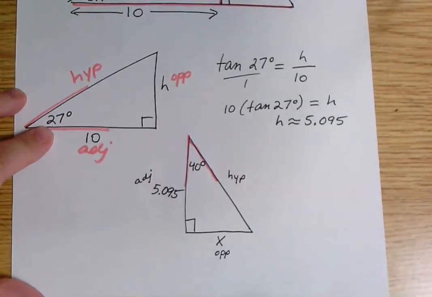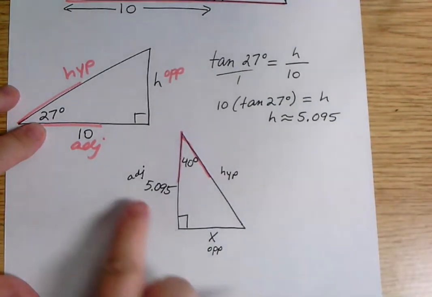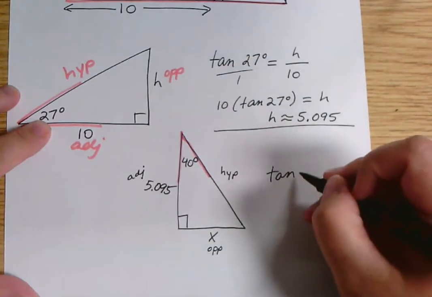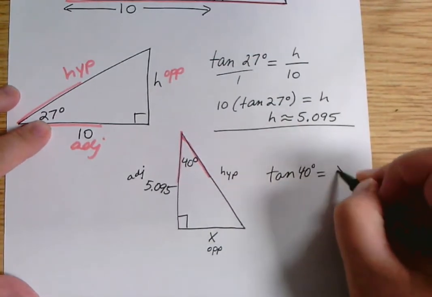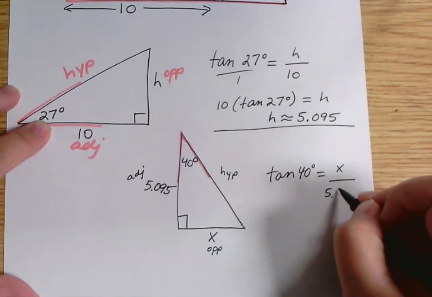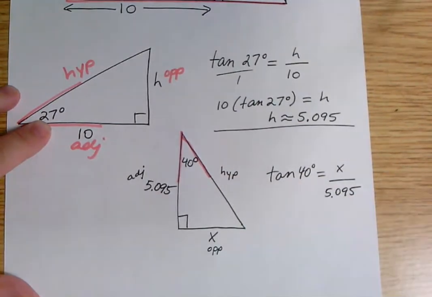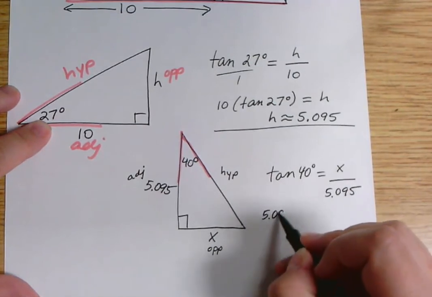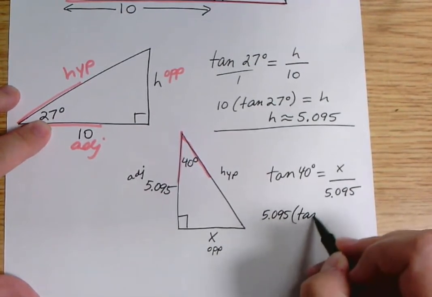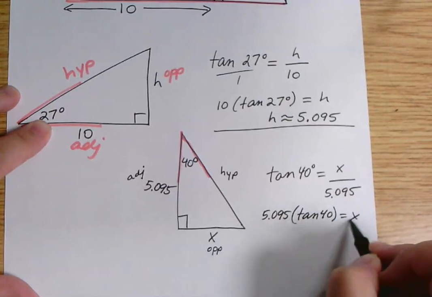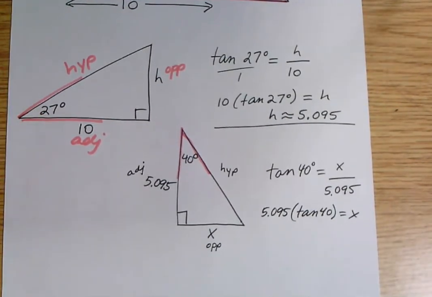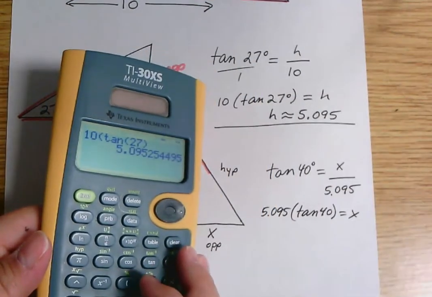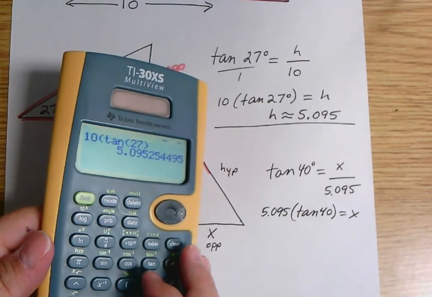Again, I'm going to use tan because I'm dealing with opposite and adjacent. So tan of 40 degrees equals opposite over, and this is 5.095 and so on. When I cross multiply, I get 5.095, etc., times tan 40 equals x. This is what I was talking about when I said if I can, I'm going to use it in the calculator. I haven't done anything else with that number in the calculator, so it's still there.